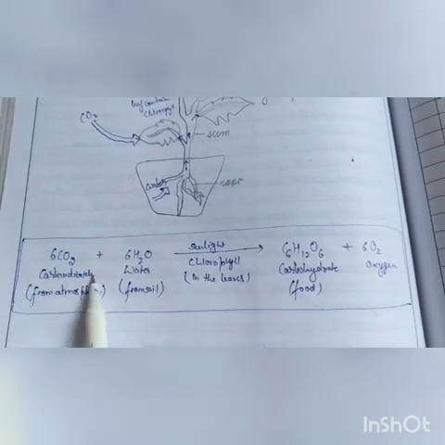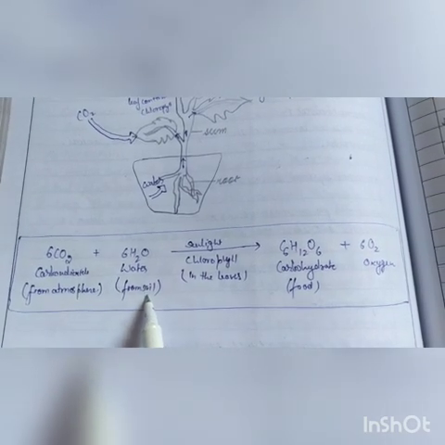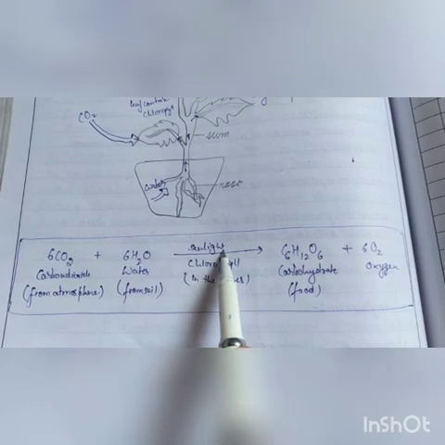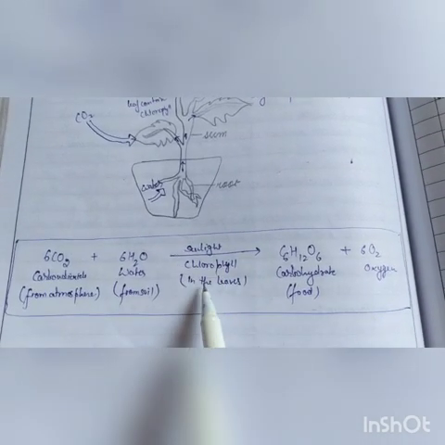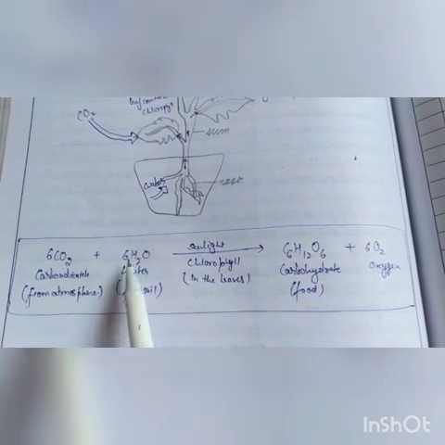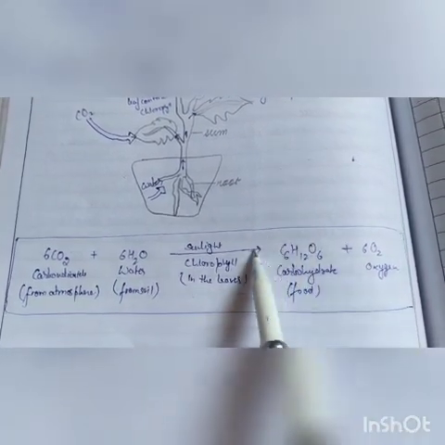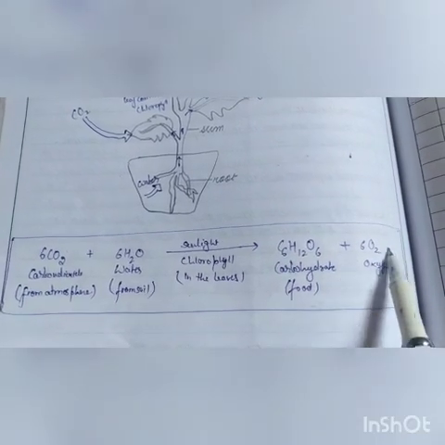See, carbon dioxide is taken from the atmosphere, water is taken from soil through roots, sunlight is absorbed by chlorophyll present in the leaves, and they combine. Sunlight helps in combining the raw materials, and then carbohydrate or starch is formed, and oxygen is released into the environment.